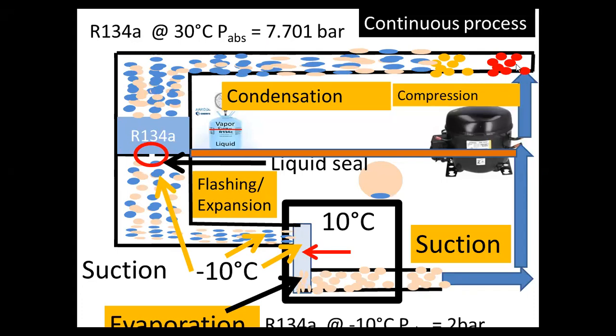And this fluid undergoes different phases, temperature, pressure changes. So actually this fluid is working. What's performing is this fluid. So we call this the working fluid. And all the components are supporting this working fluid to perform in this cyclic continuous way. So that's why we call these refrigerants working fluids.